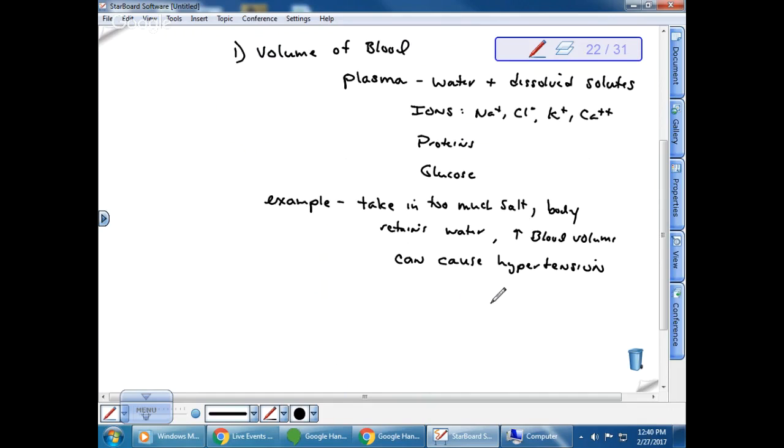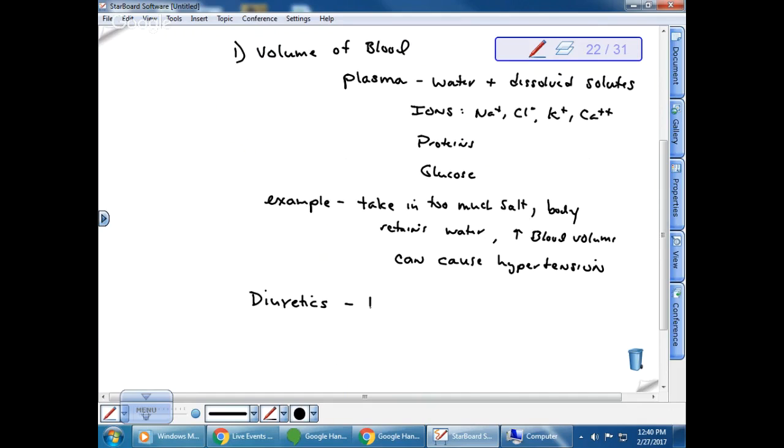Not blood thinners. Nope, because we're not talking about clotting yet. Like diuretics. Diuretics, right? So you can take a diuretic. So let's say, oh, because of my blood pressure, they put me on diuretics. So diuresis means to urinate, to get rid of water.